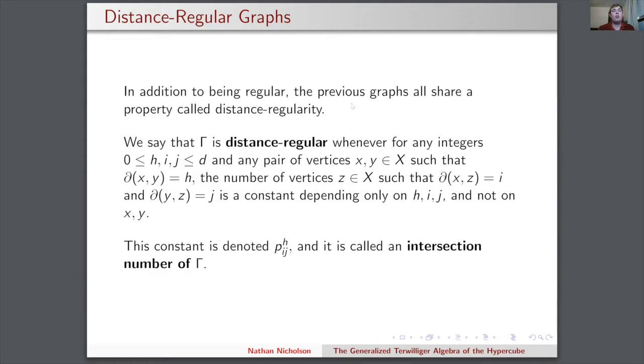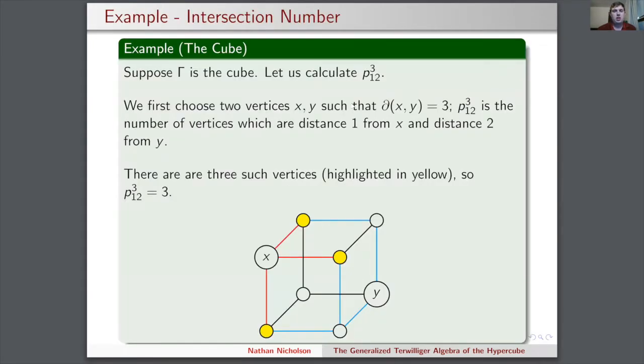Again, there's multiple ways to formulate this definition. This is how we're formulating it here. And this definition is a little bit of an eyesore, so it's easier to see with an illustration. Let gamma be the cube, and let's say we want to calculate the intersection number p^3_12. You would pick 2 vertices, call them x and y.